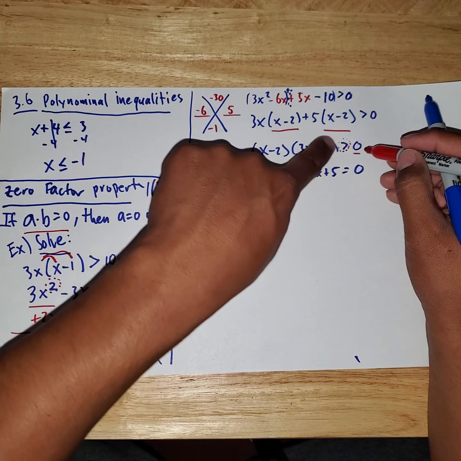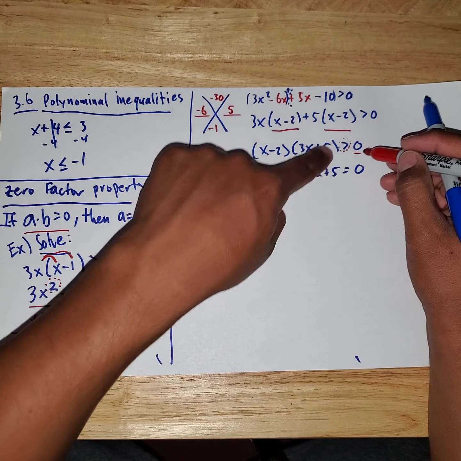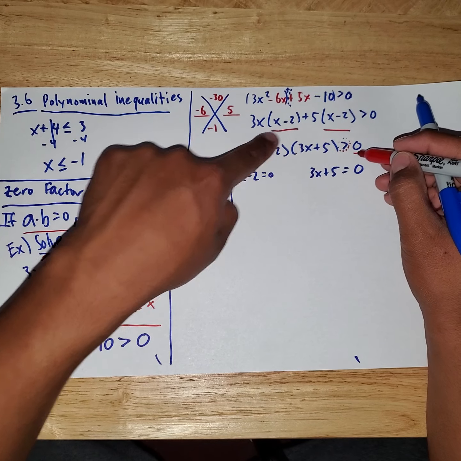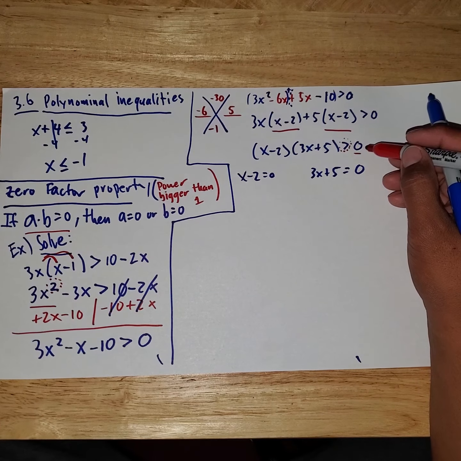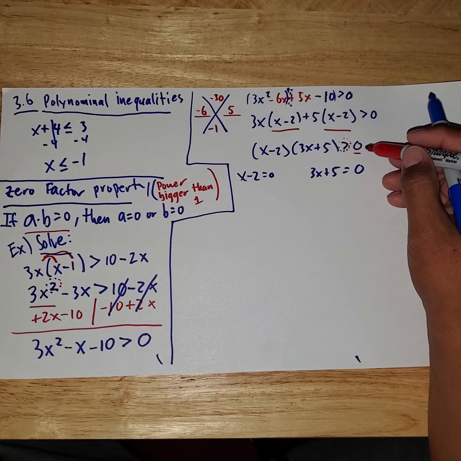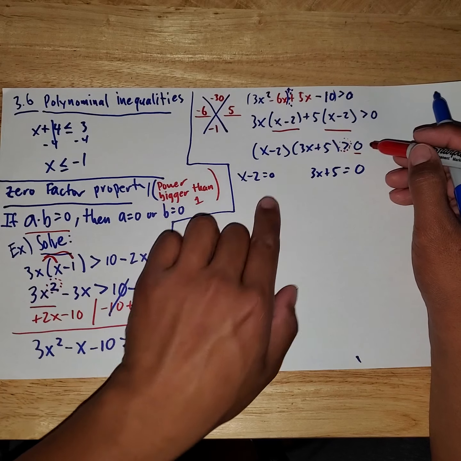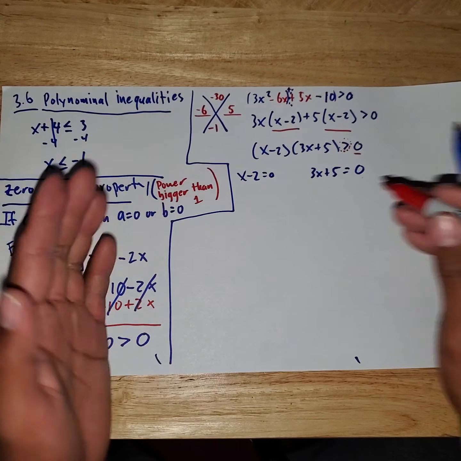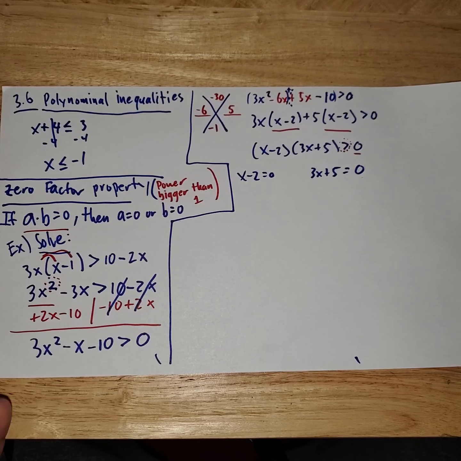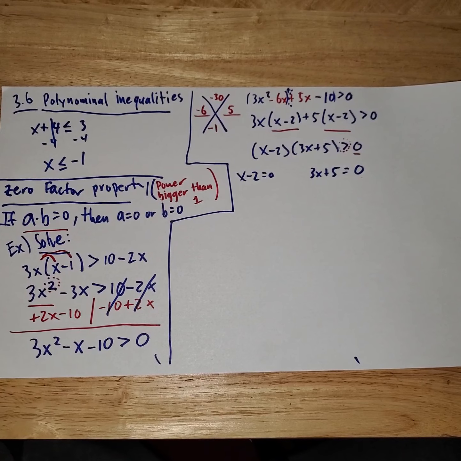So that means we want the values of x that give us numbers that are bigger than 0. And if we think about what numbers are strictly bigger than 0, that's going to be all the positive numbers. So I just want to know where I get 0. I want to get values that actually give me positive. So that's where it changes up.